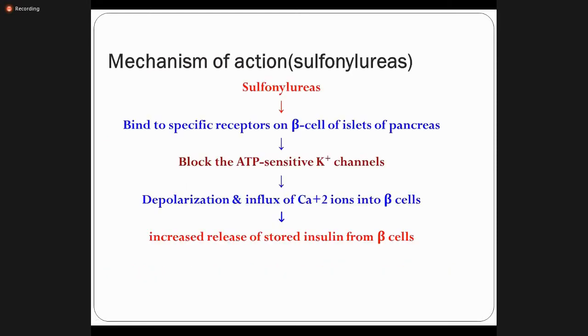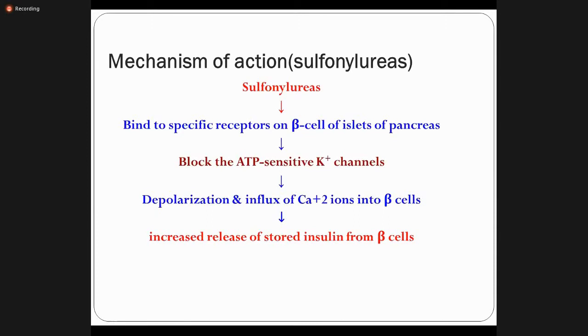So the mechanism of action, this is important: sulfonylureas bind to specific receptors on the beta cells of the islets of the pancreas, and they block the ATP-sensitive potassium channels. When there is blocking of potassium channels, there will be no efflux of potassium, right?